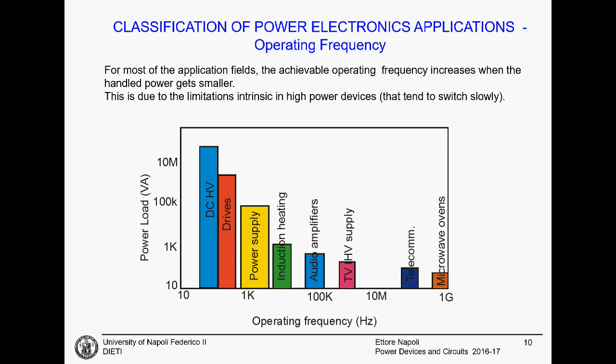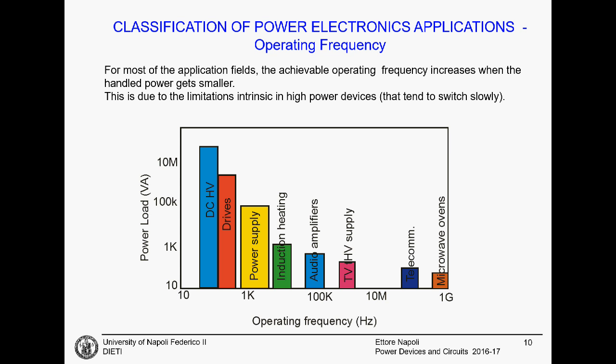You come from analog electronics and digital circuits, and you are used to see your notebook and processors that switch at some gigahertz, and you think that 1 megahertz is a very slow frequency. And this is true for signal MOSFETs, signal devices, digital circuits. But in our circuits, we are talking about power. The power increases, and this switching frequency is not possible anymore.